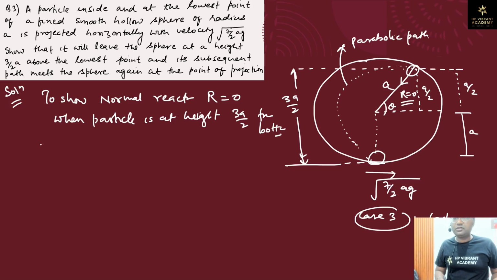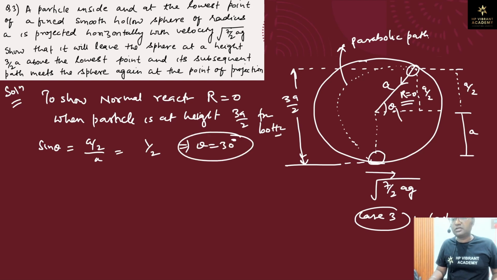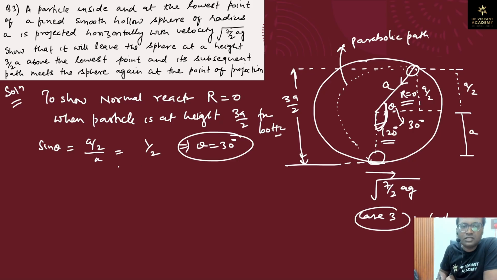So we have sine theta is equal to perpendicular upon hypotenuse, so a upon 2 upon a, this is equal to 1 by 2. Therefore, theta is equal to 30 degrees. So this angle is 30 degrees, and this whole angle will be 30 plus 90, so 120 degrees.